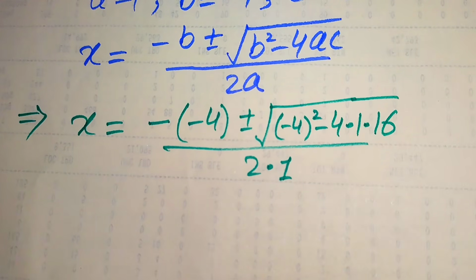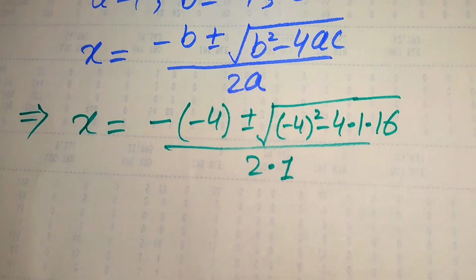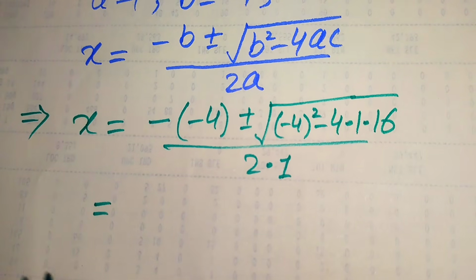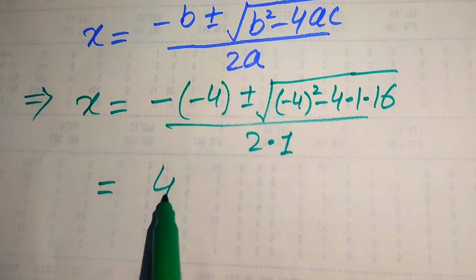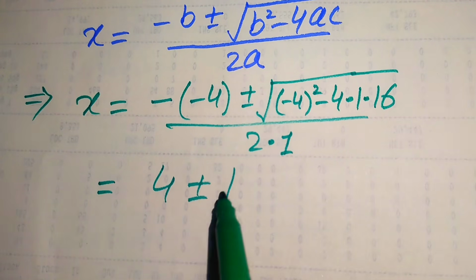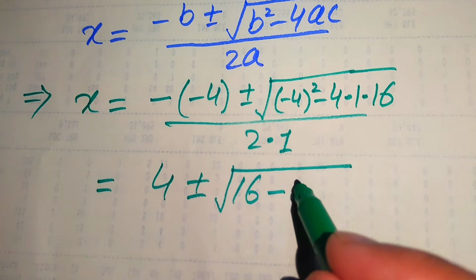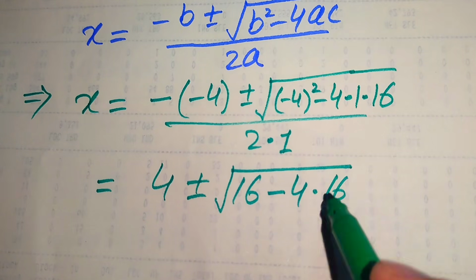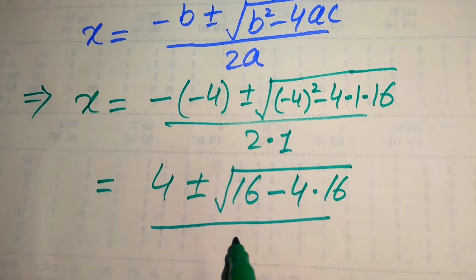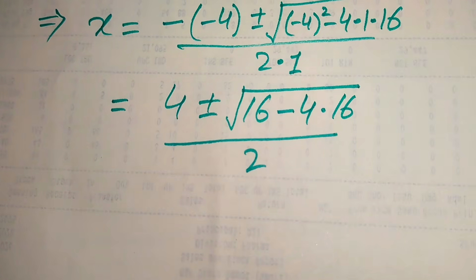So further in the next step we need more simplifications, and after a little bit of simplification we get minus times minus becomes plus 4 plus minus square root of minus 4 square becomes 16 minus 4 times 16, and it is divided by 2 times 1, which is equal to 2.